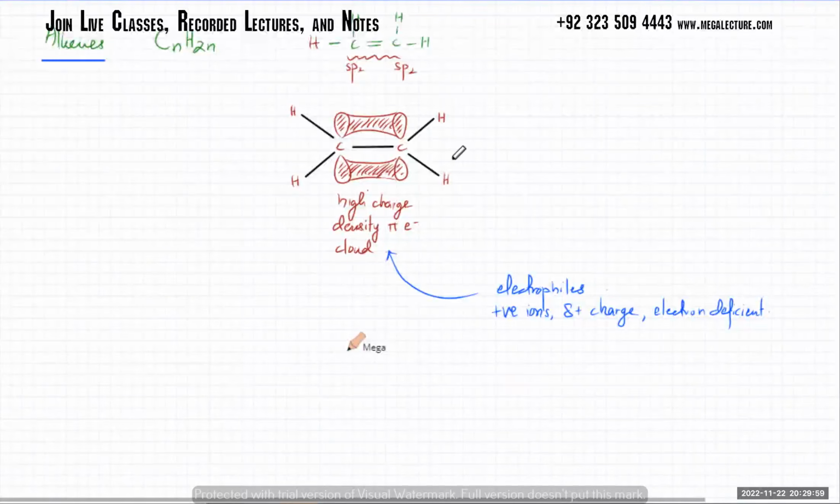Anything that needs electrons is an electrophile, and electrophiles will be attracted to this pi electron cloud. So the first reaction, you can remember, all these reactions are going to be known as electrophilic addition reactions.